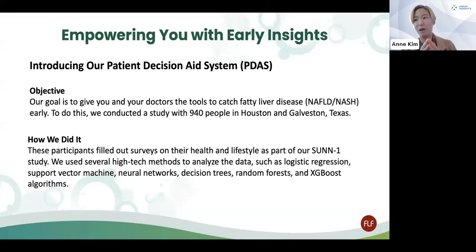Over a pretty significant period of time, they gave this type of survey information that was very significant for training this risk stratification tool. We used many different methods, and the one that we ended up getting the best results out of was XGBoost. Next slide, please.